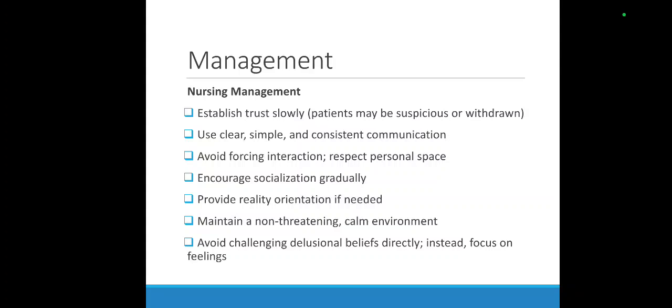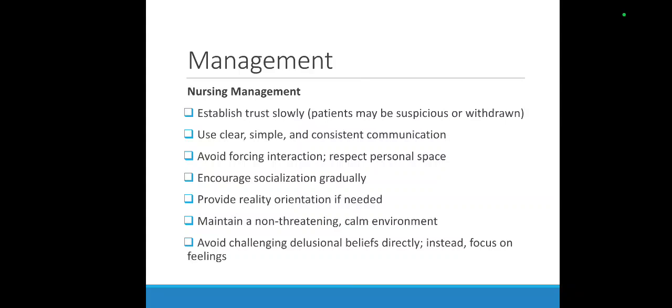Nursing management may include establishing trust slowly, especially with those who have paranoid personality disorder. Use clear, simple, and consistent communication. Avoid forcing interaction. Respect personal space. Encourage socialization gradually.